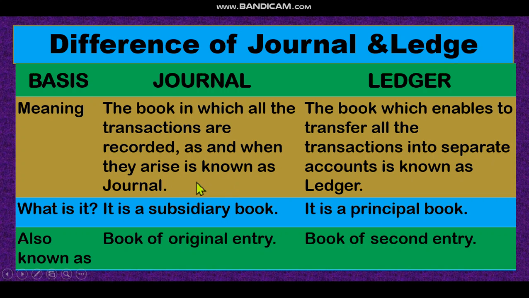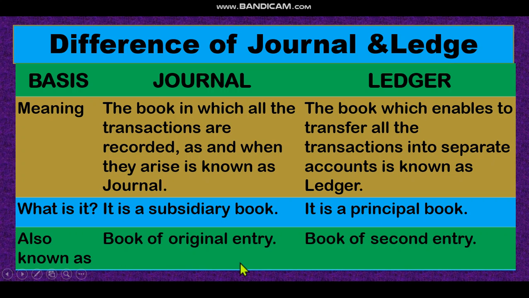On the other hand, ledger enables transfer from the journal. After preparing the journal we can prepare the ledger. Then, journal is a subsidiary book. It is an optional book, and ledger is the principal book. Journal is known as book of original entries.